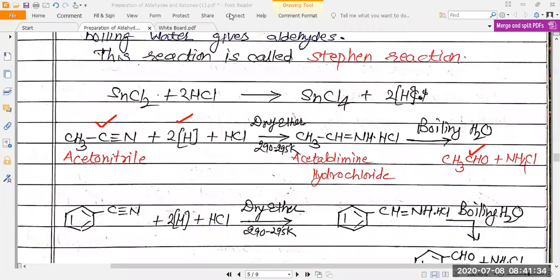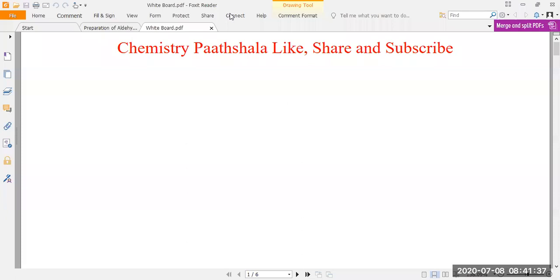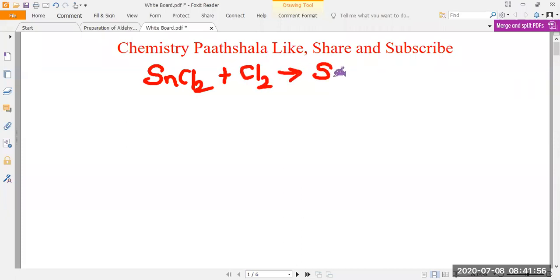So how can we write these reactions? I am writing here. First of all, SnCl2 reacts with chlorine gas to form SnCl4. Next, this is our compound, CH3 C triple bond N. It is called acetonitrile.